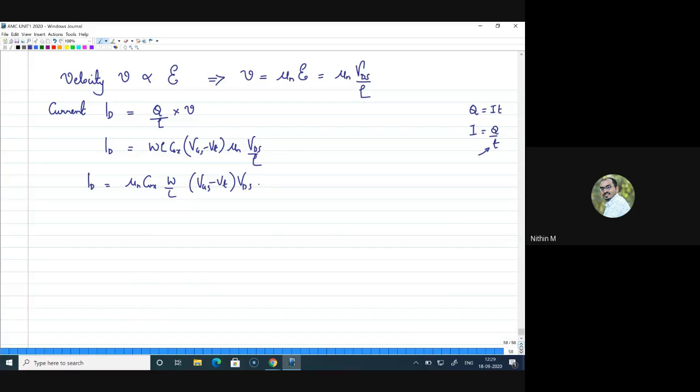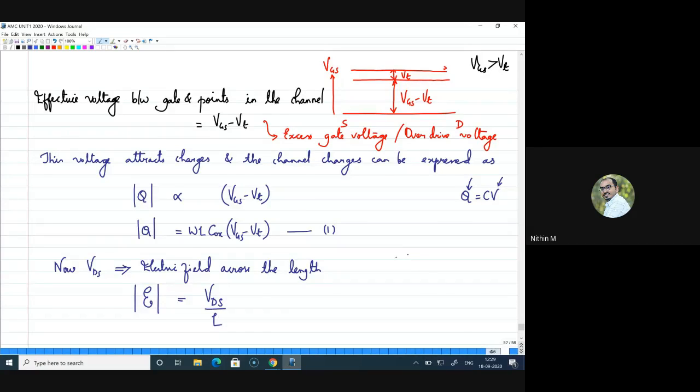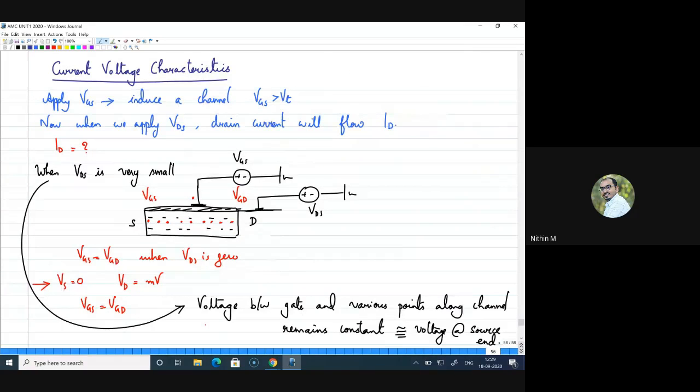I understood your point. Now your question is, why didn't you consider the voltage available in the channel? In fact, I have taken into consideration the voltage in the channel itself, assuming that your VGS is equal to VGD. I'm applying a VDS, but that VDS is very small.